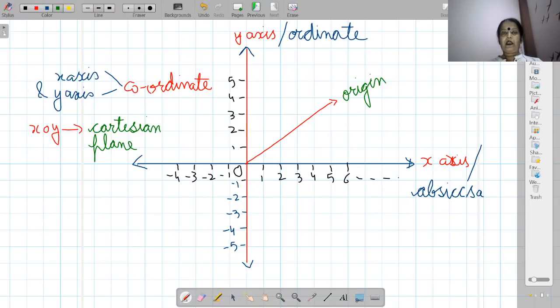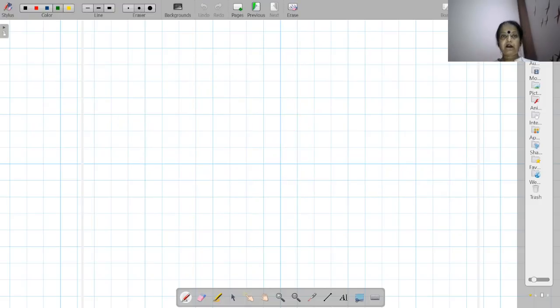Okay, now we will move further so that I can tell you a little bit more about this. Again, I am making the x-axis and y-axis over here.